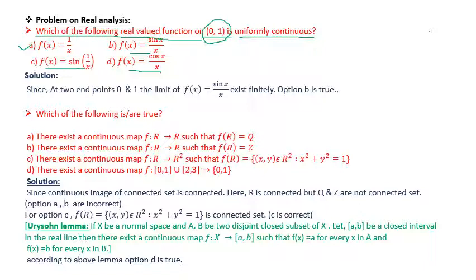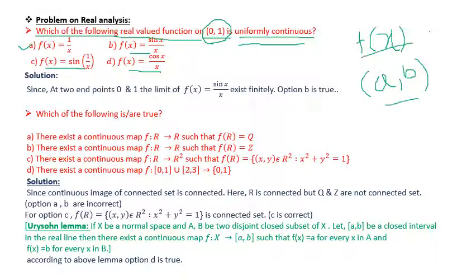Actually, the theorem related to uniform continuity says that suppose f(x) is a given function, and suppose you are given an interval (a,b), and this function f(x) is defined on this interval.